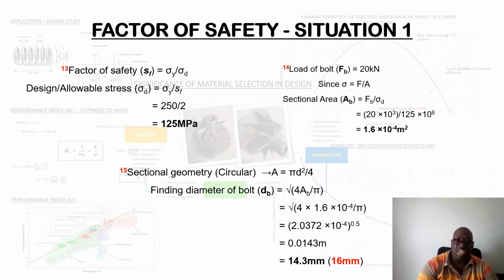There isn't necessarily a 15 millimeter size bolt, not that I can recall, because they normally go up in even numbers from 6 mm. So the nearest bolt size would be 16 millimeters. For this particular application, unless you want to spend a lot of money to customize a bolt to a diameter of 14.3, which would be a waste of money, just look for the nearest component size you can get off the shelf. That's just smart business.